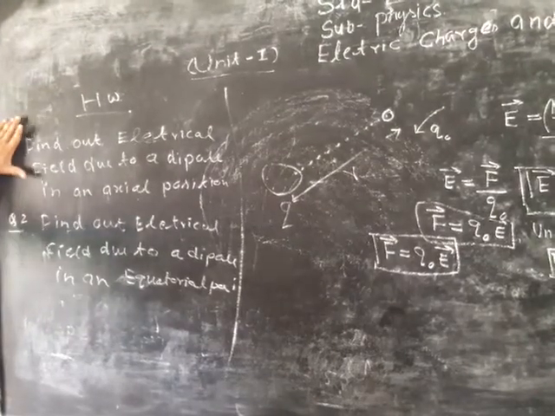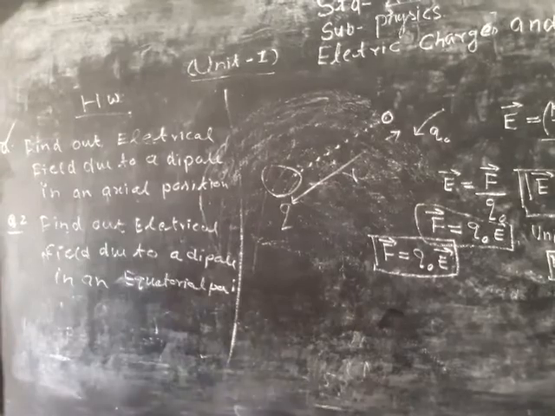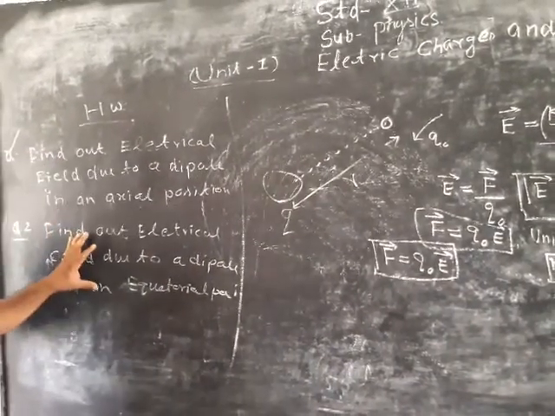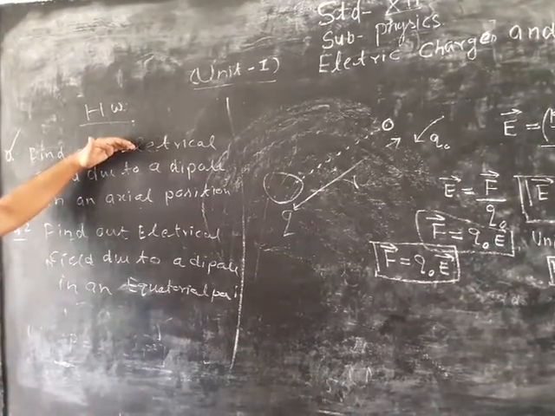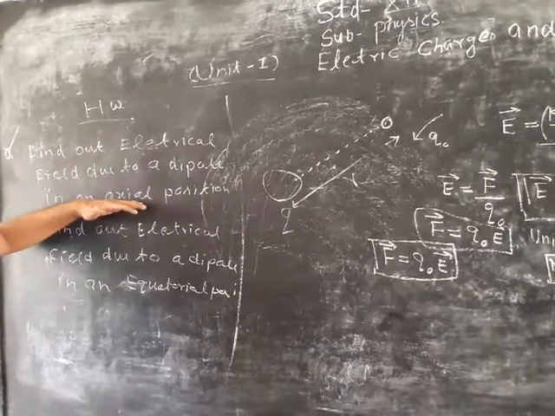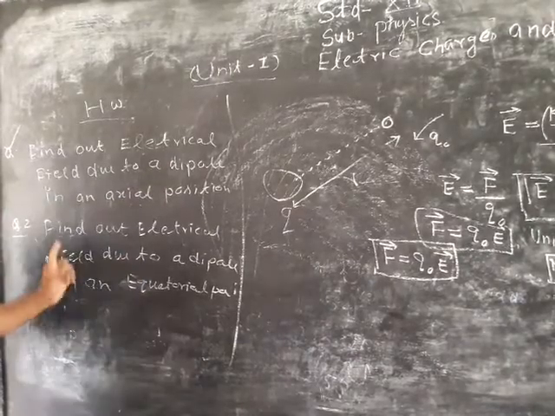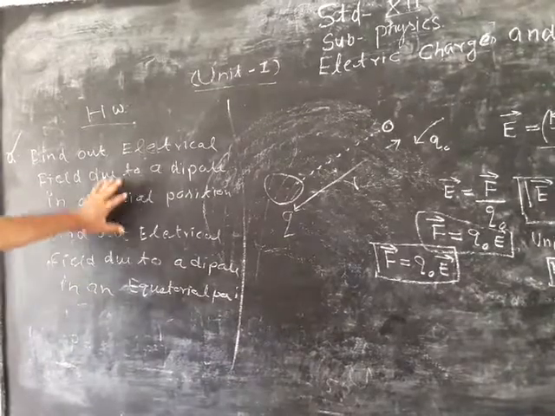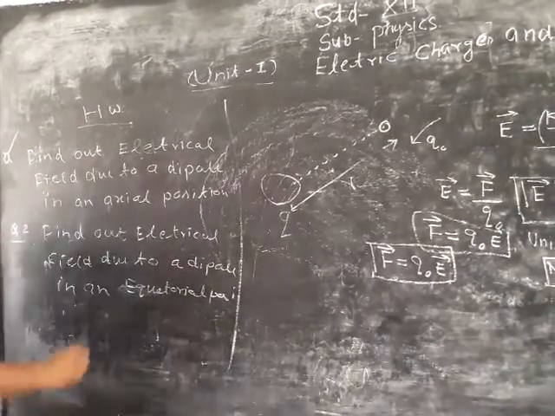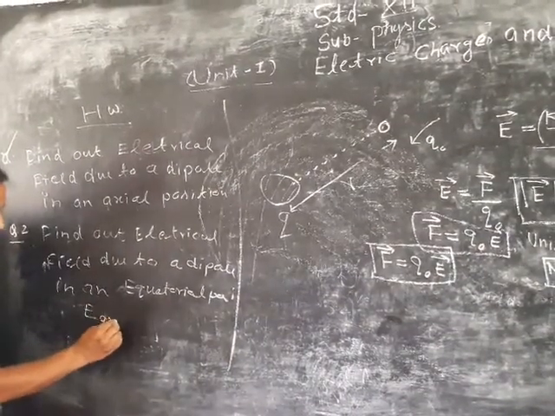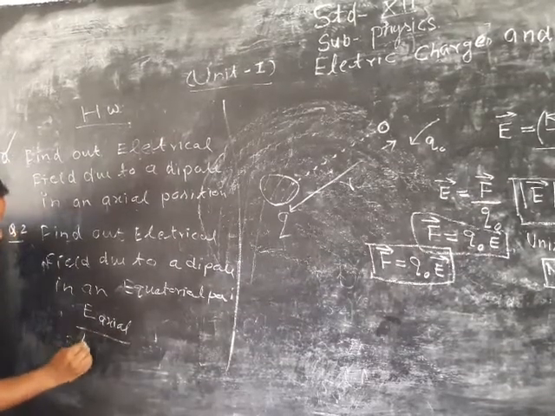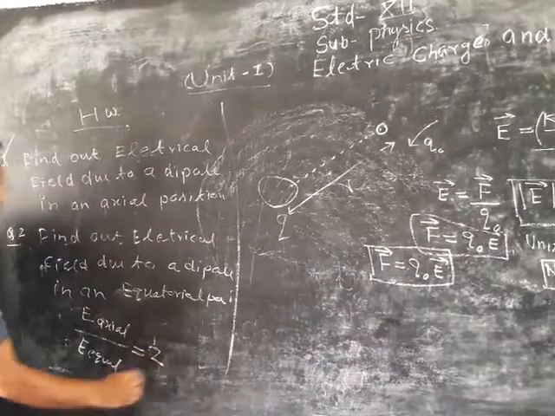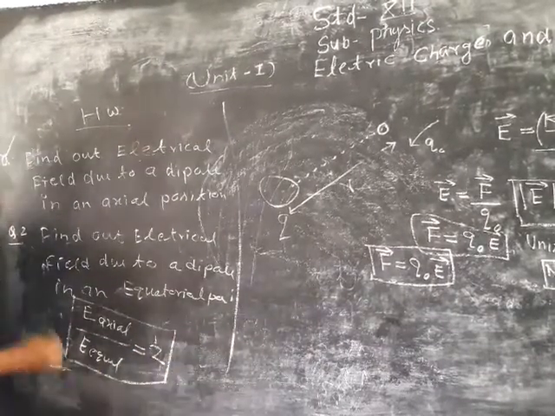You have to first rewrite the expression. After that we have to prove this expression and also find the ratio of the electric field due to a dipole in an axial position and the electric field due to a dipole in an equatorial position. You have to prove that the ratio of the electric field in an axial position to the electric field in an equatorial position will be 2. This derivation is very important for your exam.